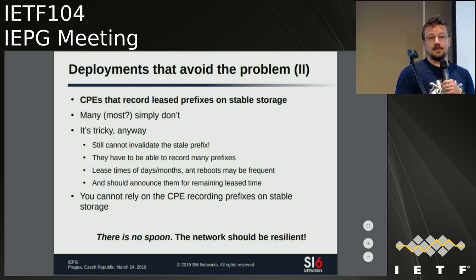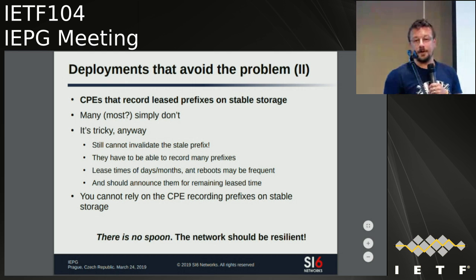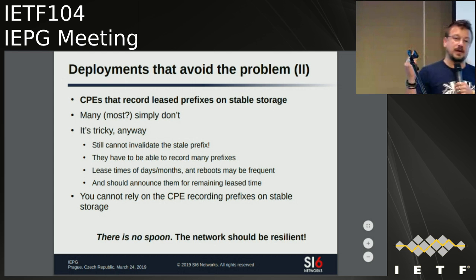So that means that even if the CPE router tried to deprecate the prefix, the old addresses couldn't actually be deprecated. You can unprefer the prefix. So the preferred lifetime will be honored, but not the valid lifetime. And in any case, there are many of these boxes that just don't record the leased prefix on stable storage. So that means that that's not something that happens in practice.